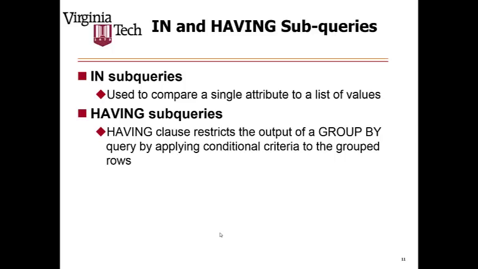And then the HAVING operates on the results of the GROUP BY statement. Right? So we have a WHERE, then we have a GROUP BY, then we have a HAVING clause that further restricts the results of the GROUP BY.